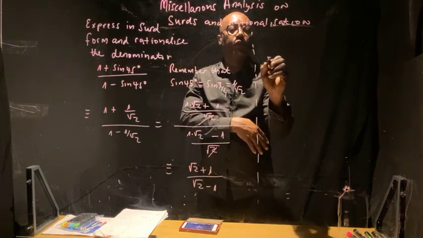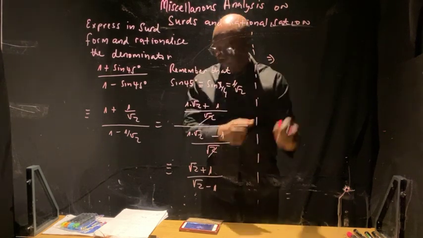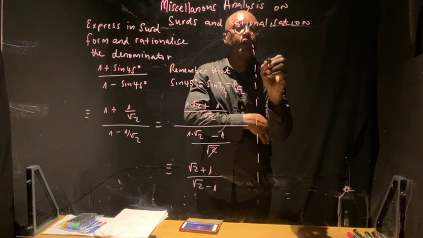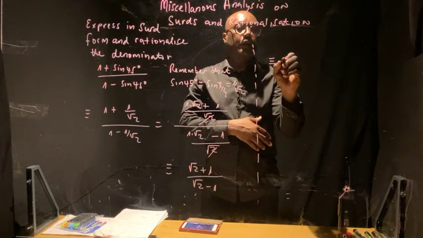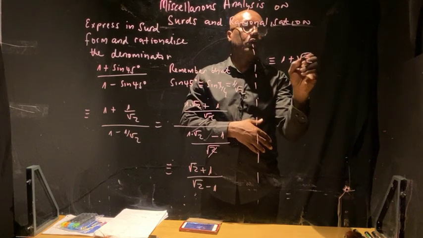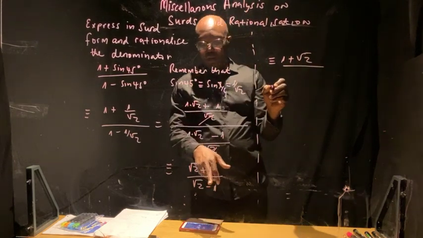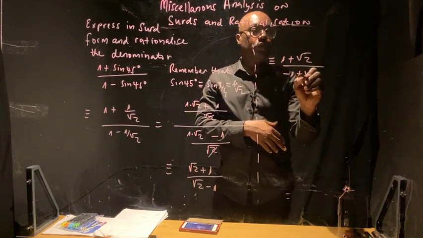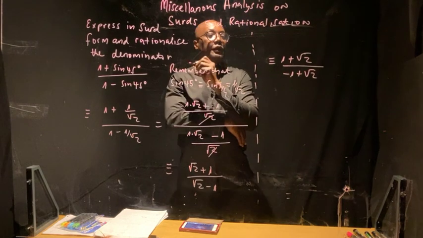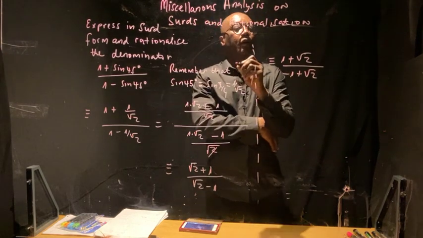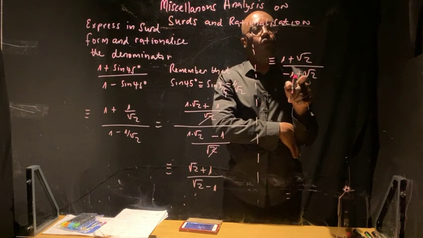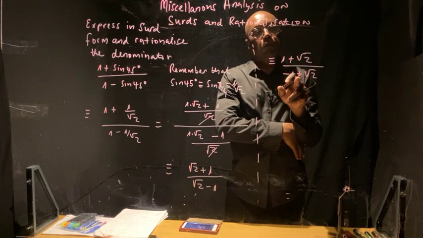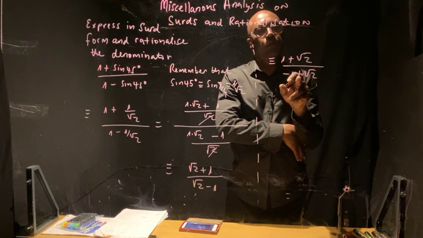Which is not different from 1 plus root 2 over minus 1 plus root 2. Good. This one, you rationalize the denominator. You see plus here, so in rationalization this one becomes negative.